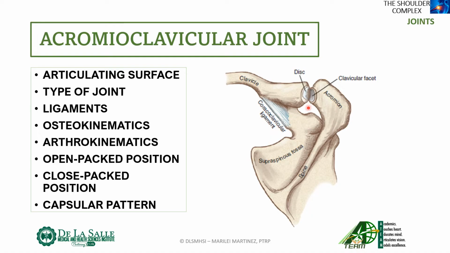Since the articular surfaces of this joint are predominantly flat, the arthrokinematics of roll and slide is not described. Please remember that because of the predominantly flat joint surfaces, the roll and slide arthrokinematics are not described for the acromioclavicular joint. So we will just be focusing on the kinematics of the acromioclavicular joint later on.